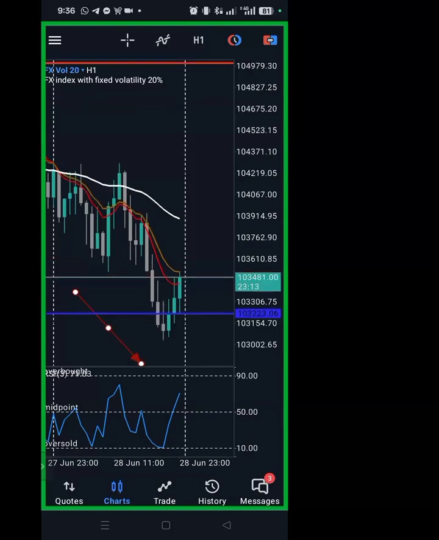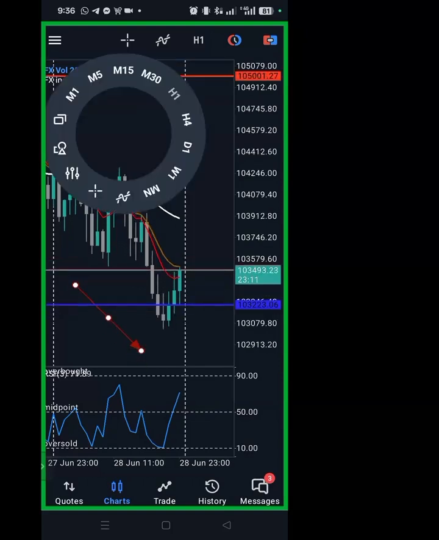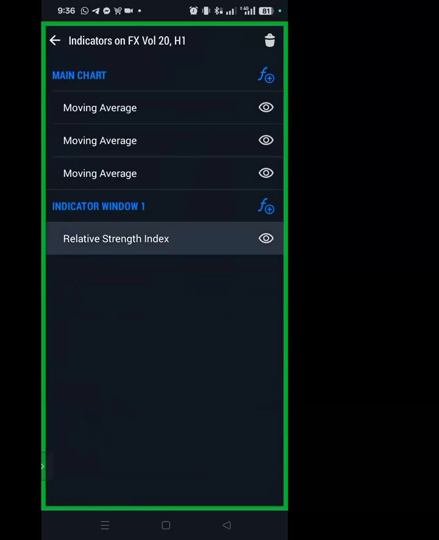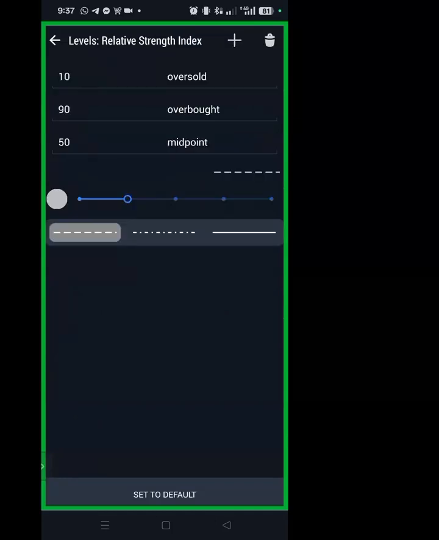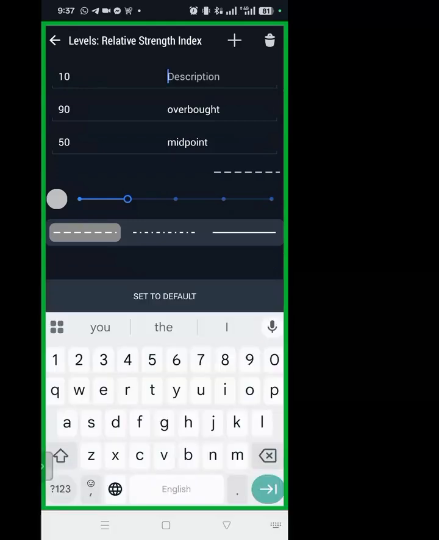Now, what did I do? Click here, come to this icon, come to relative strength index. I use the period 3, then I applied it to close, then the level, which is this point. When you check the description, I told us that this point is called oversold.